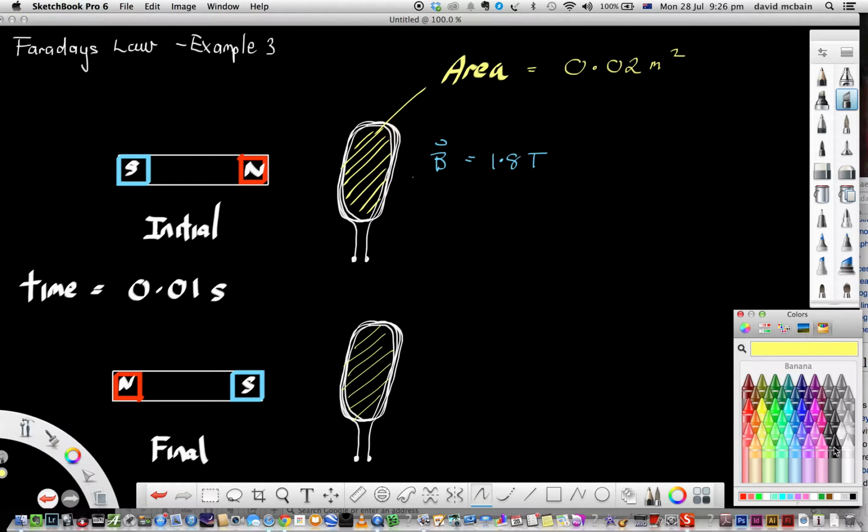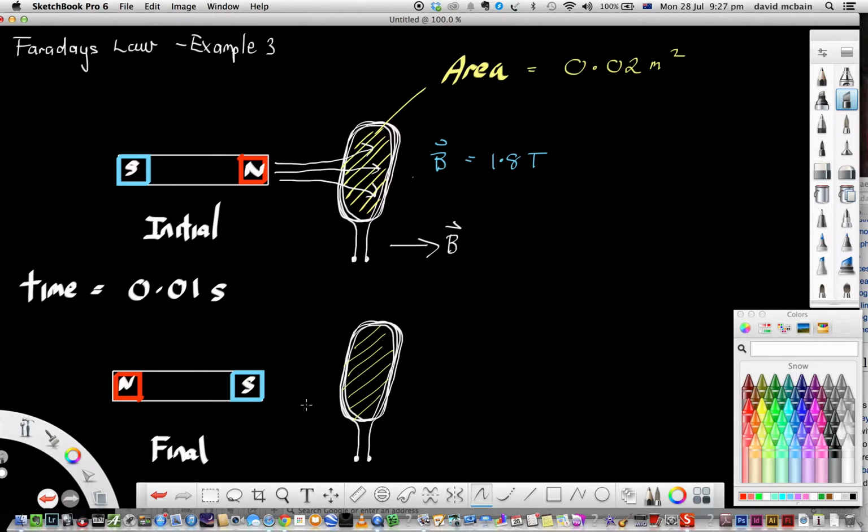So in this arrangement, the field lines are running in this direction, and we can summarize that direction through the coil as a simple arrow pointing that way. So that is the direction of the field in the initial state.